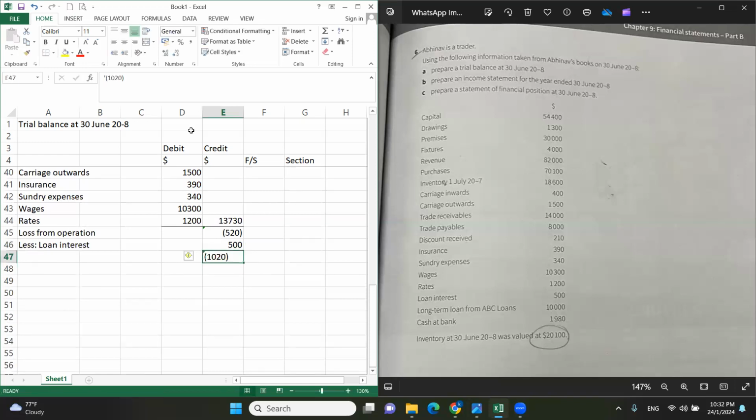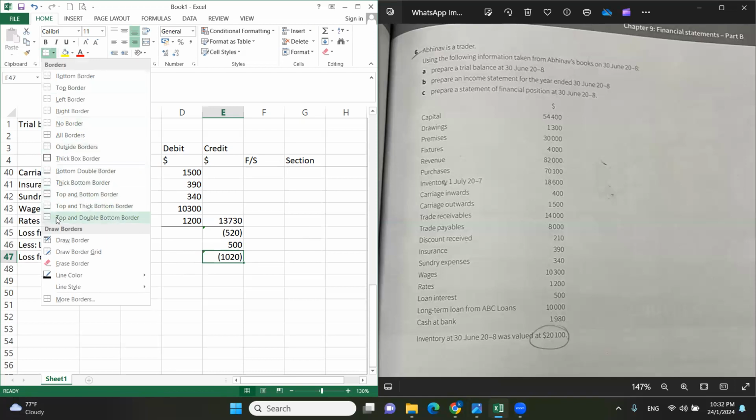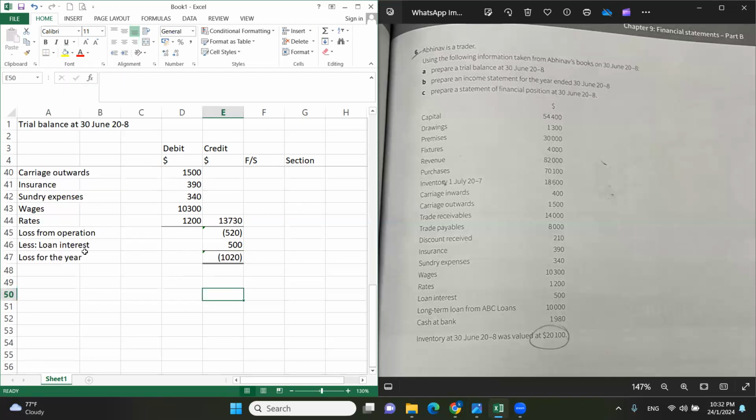So this is the amount we should get. Loss for the year. So basically, not much issue for this question, except take note, the new syllabus, loan interest is minus after the profit or loss from the operation.